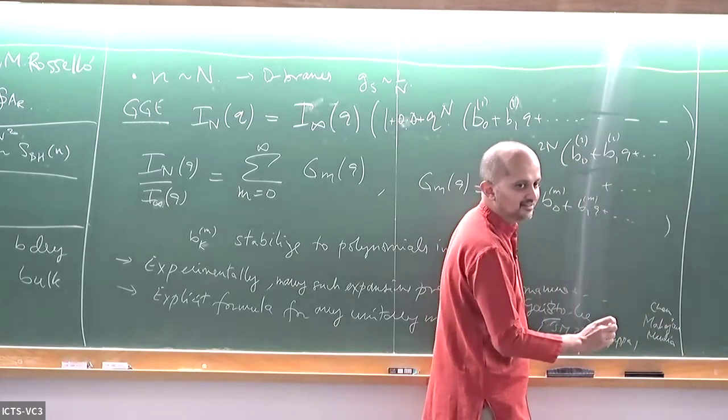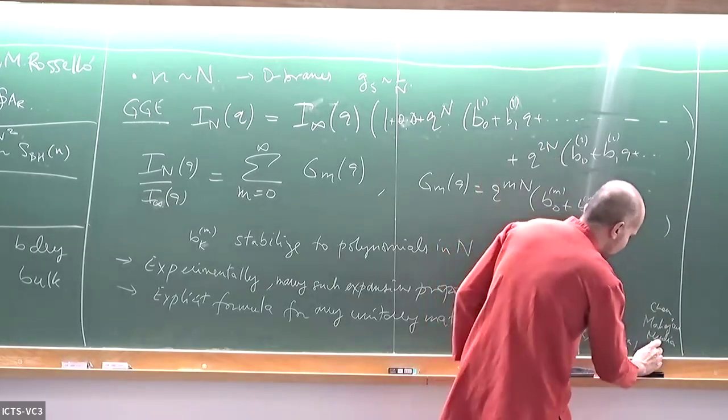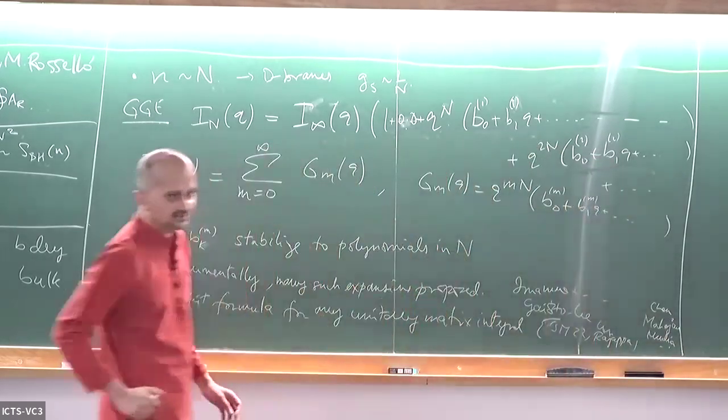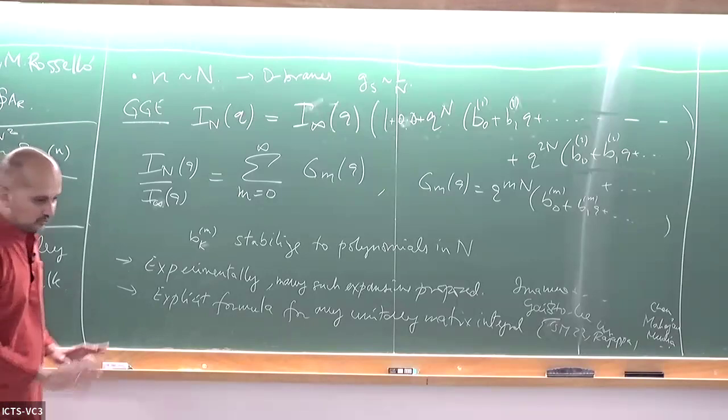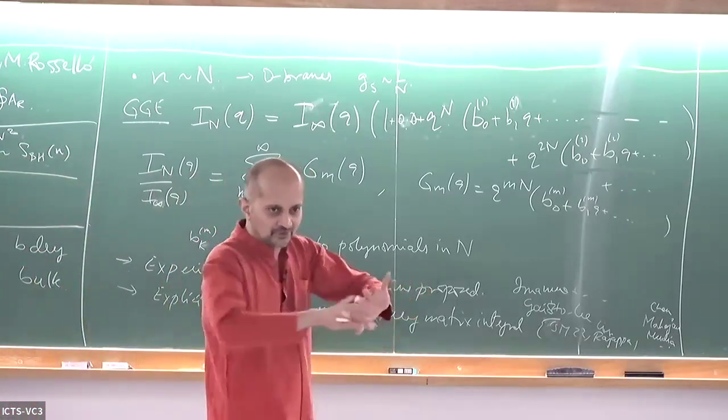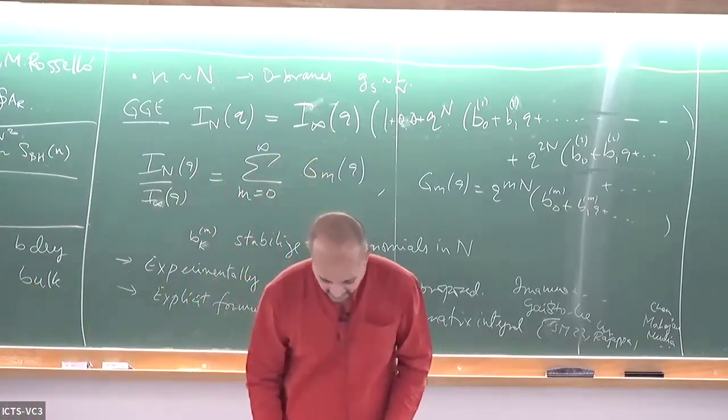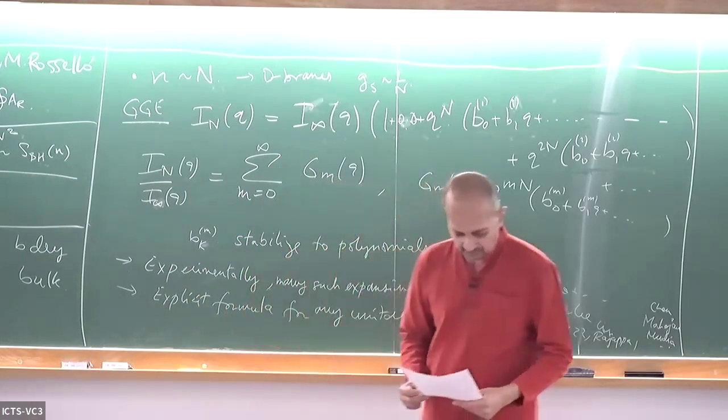Overall, there's a bunch of work, and by now there's a very nice formula with different interpretations. I'm not going in that direction. I just wanted to give you a brief overview of what is known about the formulas themselves.